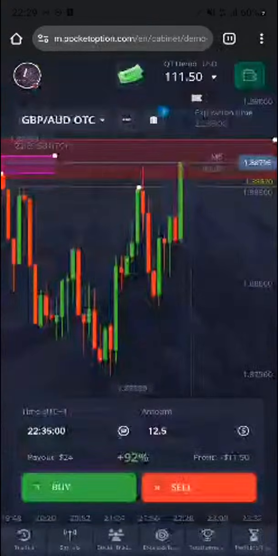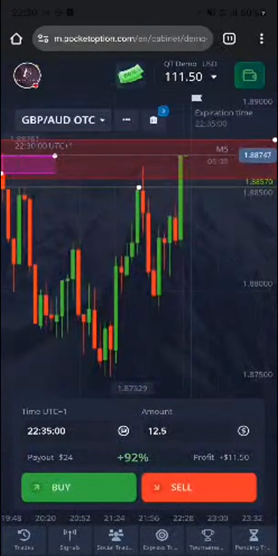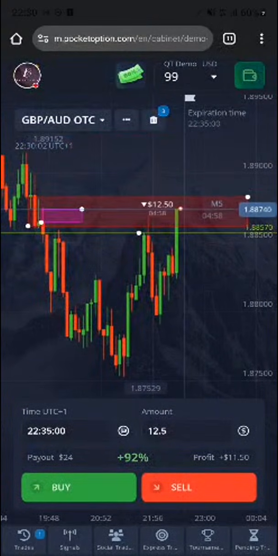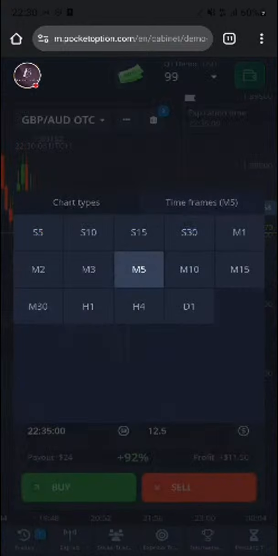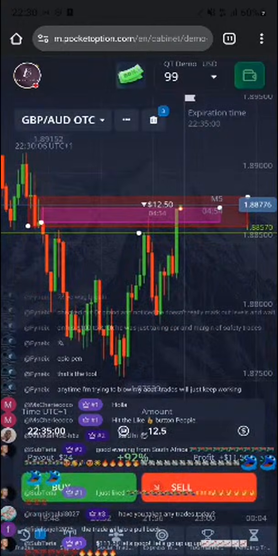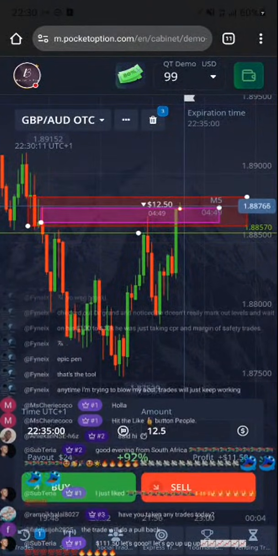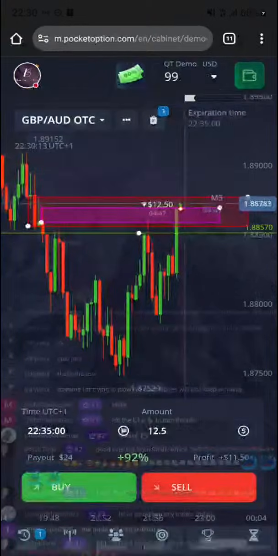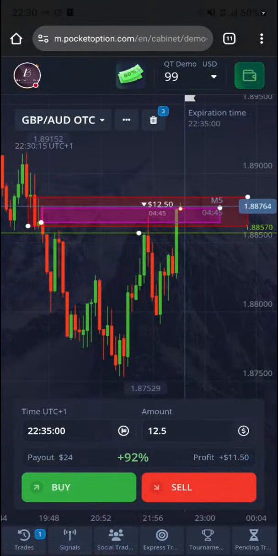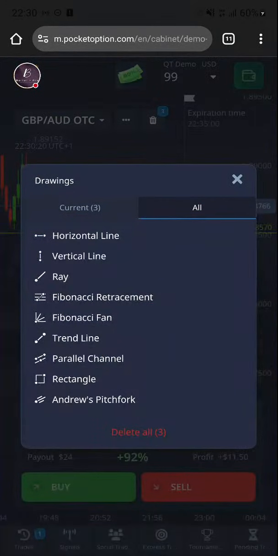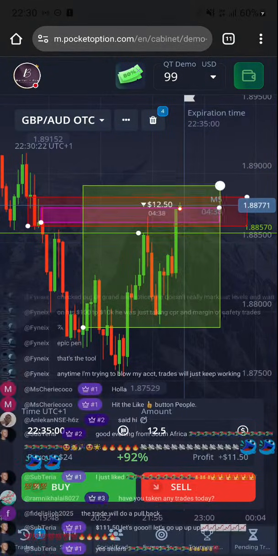Yes, I'm expecting a pullback there. So let's see. Okay, you know what? Let's take the trade. Let's go with the sellers. The reason why I'm going with the sellers is because I'm expecting the sellers to come in. This is a supply area. The supply has been taken once, but also we have more supply areas above. You understand?